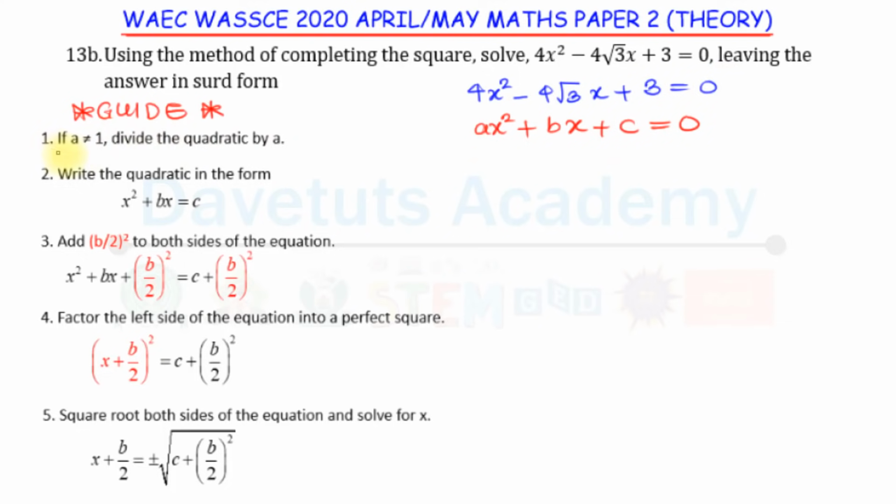What we are told first and foremost is that if the coefficient of x squared, that is a, is not equal to 1, we should divide the quadratic equation by a.